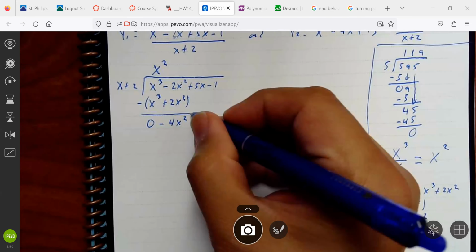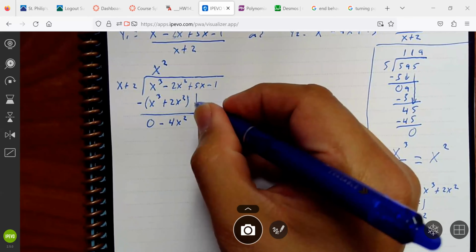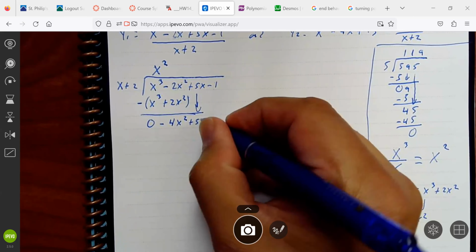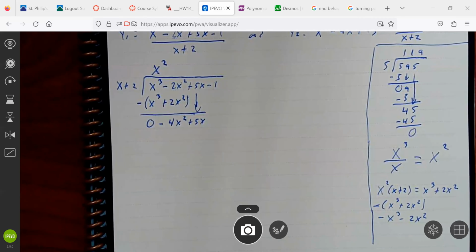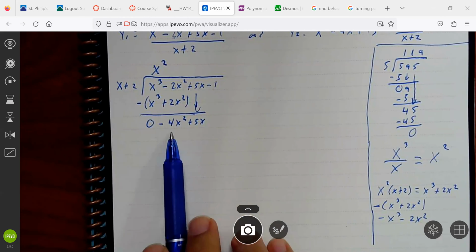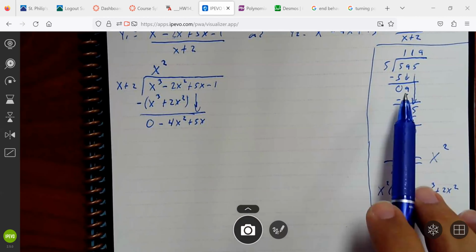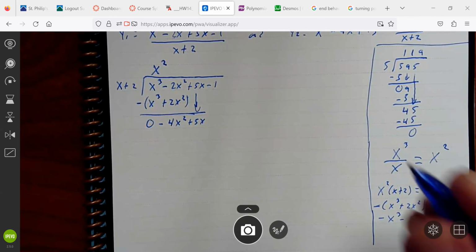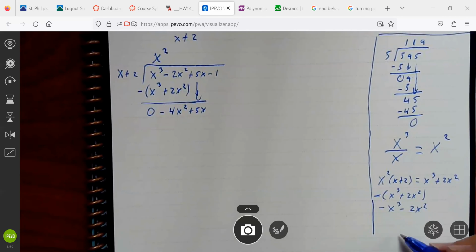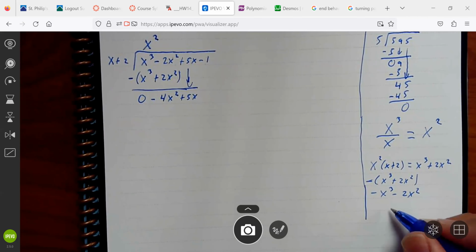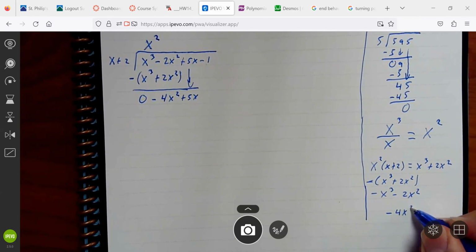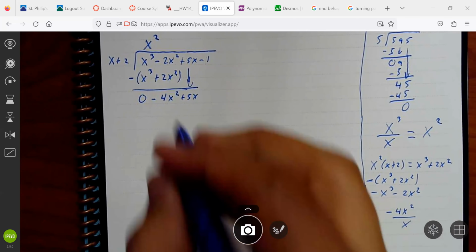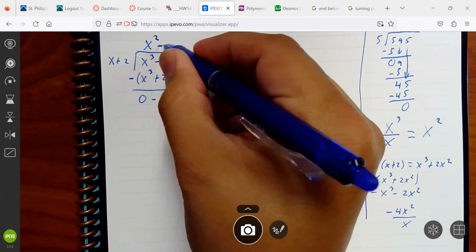Now I'm going to bring the 5x down. The next step is how many x's goes into negative 4x squared? How many 5's went into the 9, right? Negative 4x squared over x is minus 4x.